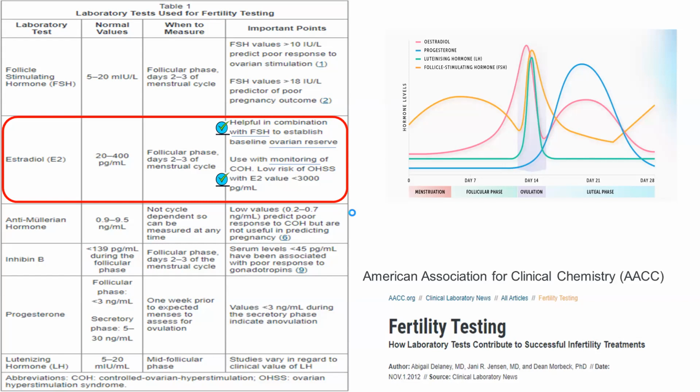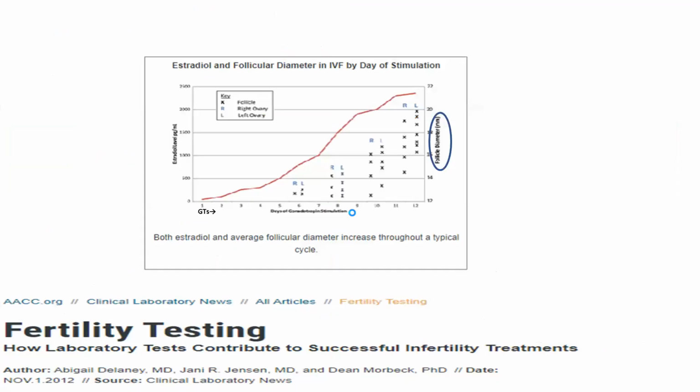FSH should be less than 10 and estradiol should be less than 60. So this is optimal for induction of ovulation. Also, estradiol is used for monitoring controlled ovarian hyperstimulation; there is low risk of ovarian hyperstimulation if estradiol is less than 1,500 to 3,000 picogram. So these are the uses of estradiol at the beginning of the menstrual cycle.